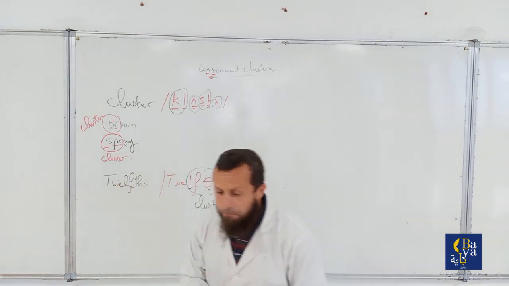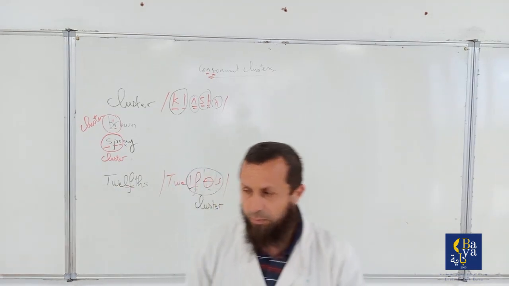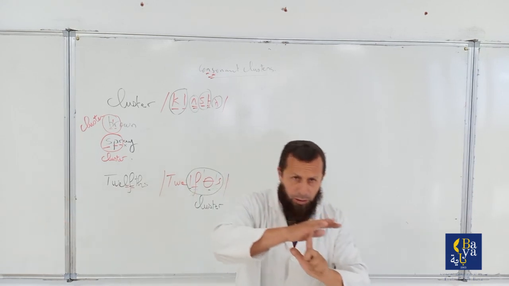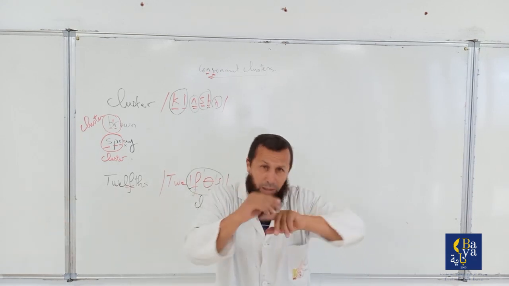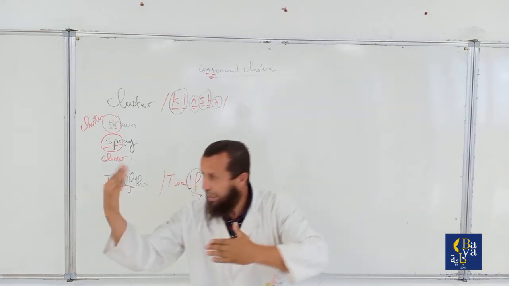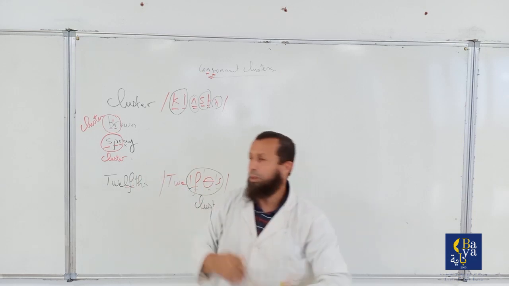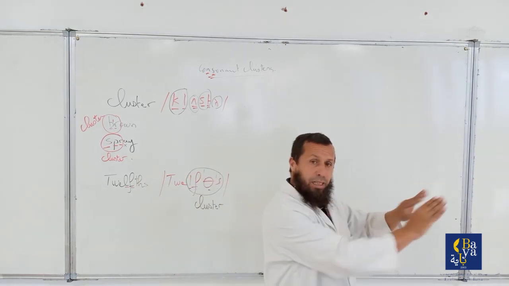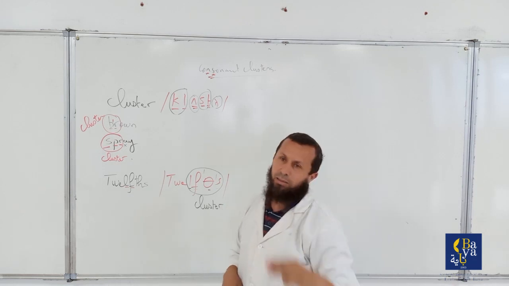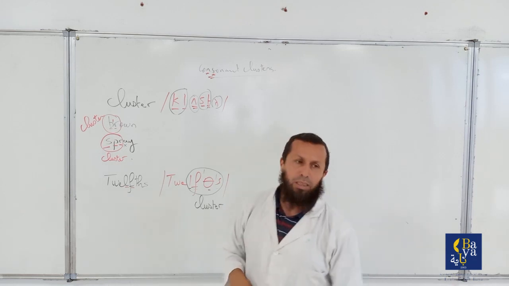And in the middle, of course, the same. So, in the beginning and in the middle, we can find only 2 or 3 consonants. At the end, we can find 2 consonants, 3 consonants, and 4 consonants.